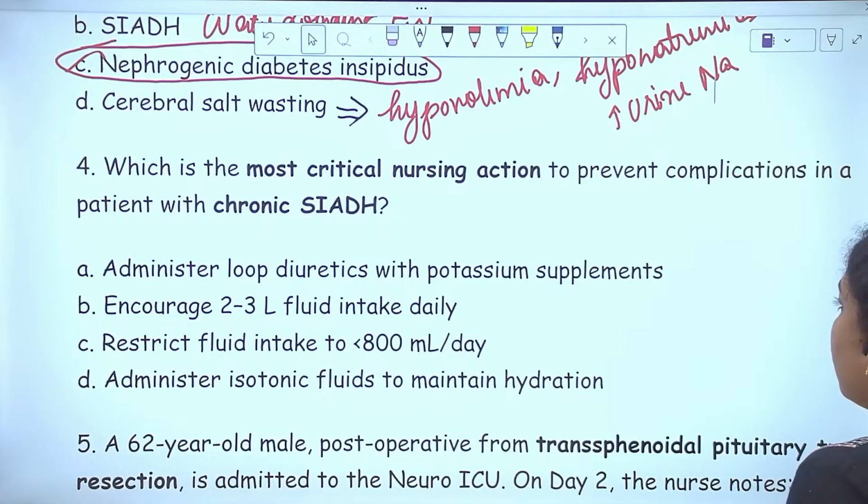Encourage 2 to 3 liter fluid intake. Restrict the fluid intake to less than 800 ml per day. Administer isotonic fluid to maintain hydration.